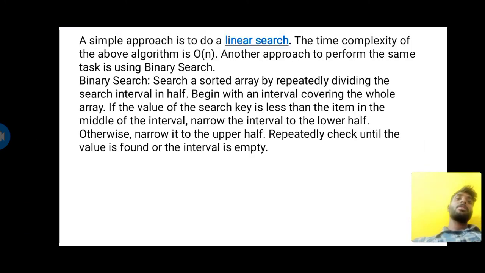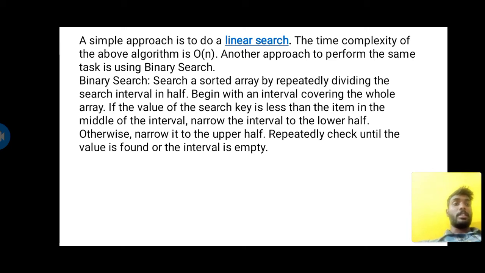A simple approach is to do a linear search. The time complexity of the above algorithm is O(n). Another approach to perform the same task is using binary search. Binary search: search a sorted array by repeatedly dividing the search interval in half.